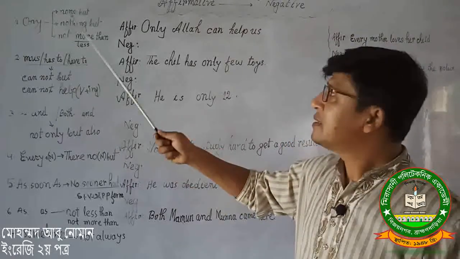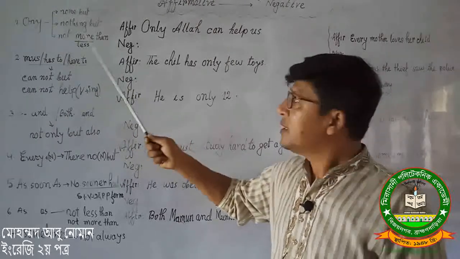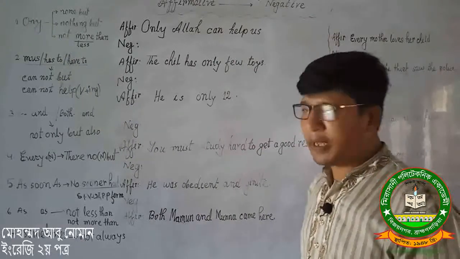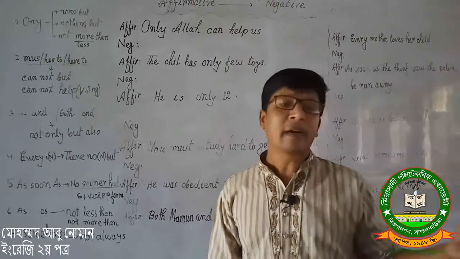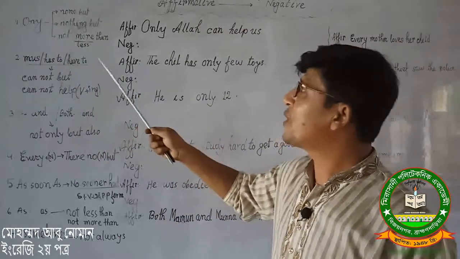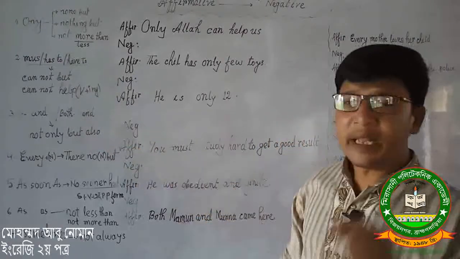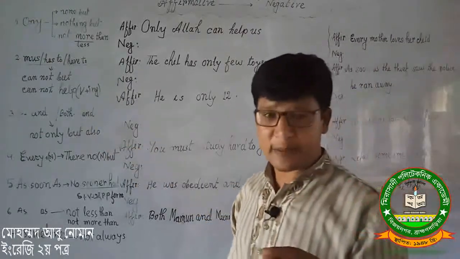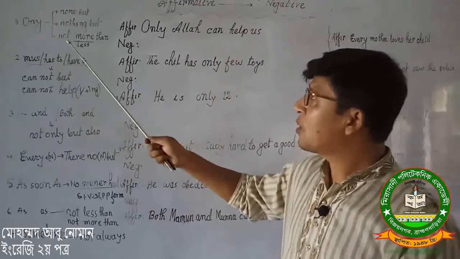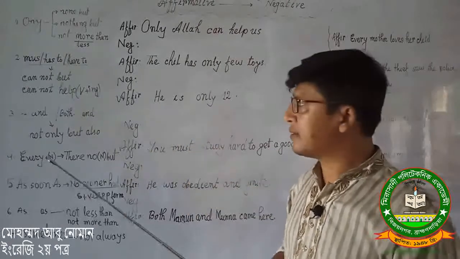You will turn only into none but. If only indicates material things, pen, bag, any kind of material things, you will turn only into nothing but. And if only indicates any number or age, we will turn it into not more than or not less than.